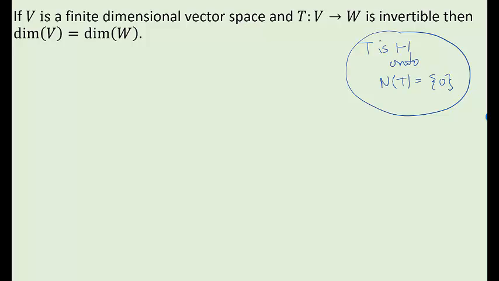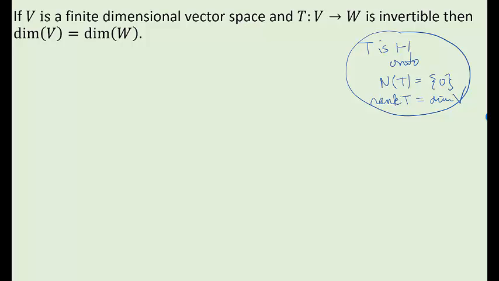Oh, and there's one other thing we could write here. The rank of T is equal to the dimension of V. I'll just write dimension V. So we know those things because it is invertible.